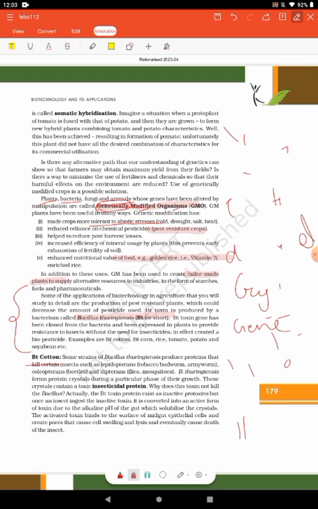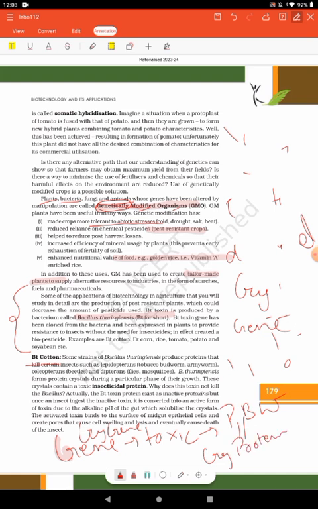This Bacillus thuringiensis gives a gene which is toxic to this pink bollworm, and that gene is the cry gene. It produces cry protein which perforates the gut of this pink bollworm.